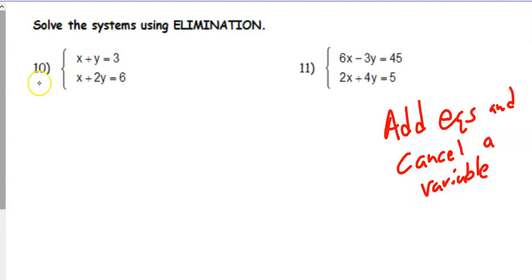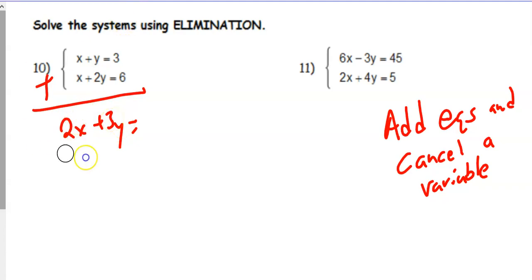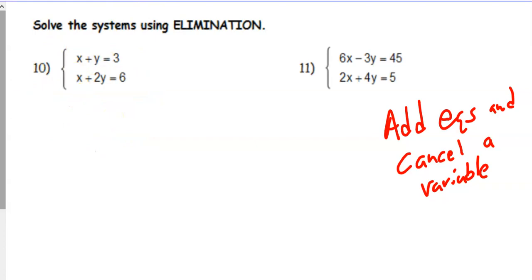So if I just added these two equations, I'd get 2x plus 3y. I can stop right there. No variable canceled. I didn't get one of these to be 0, and that's my goal. I want to make it 0 here.